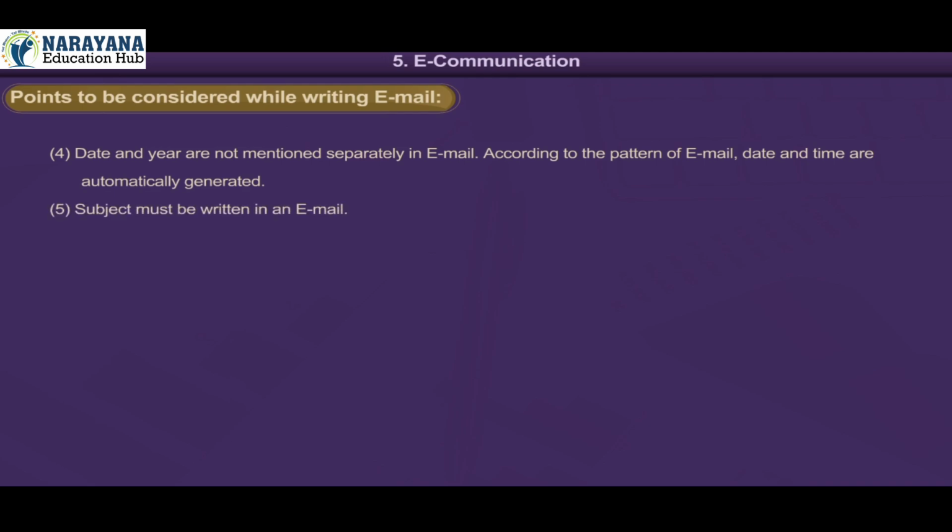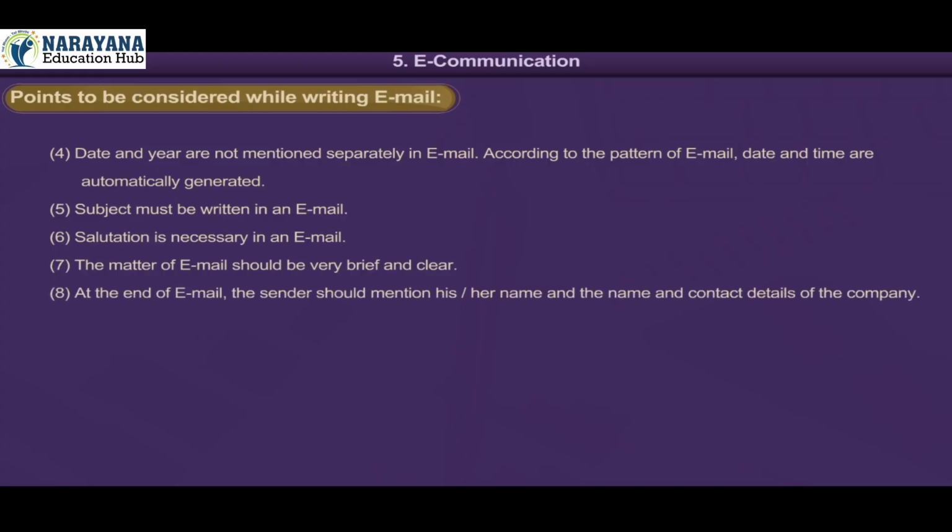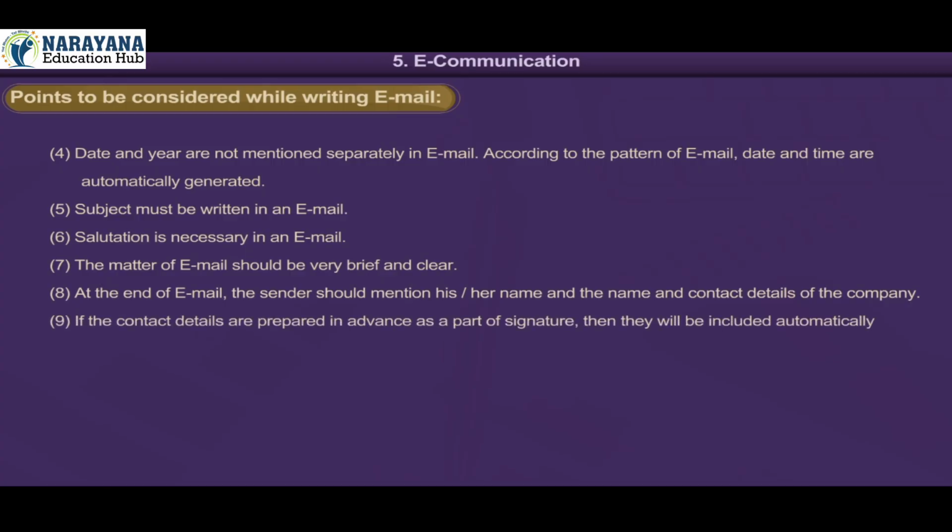Number 5. Subject must be written in an email. Number 6. Salutation is necessary in an email. Number 7. The matter of email should be very brief and clear. Number 8. At the end of email, the sender should mention his or her name and the name and contact details of the company. Number 9.